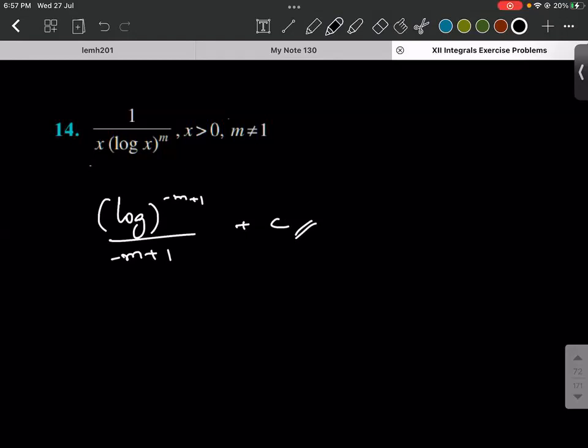Don't copy the answer. I wrote it directly. Log x to the power of minus n plus 1 by minus n plus 1.